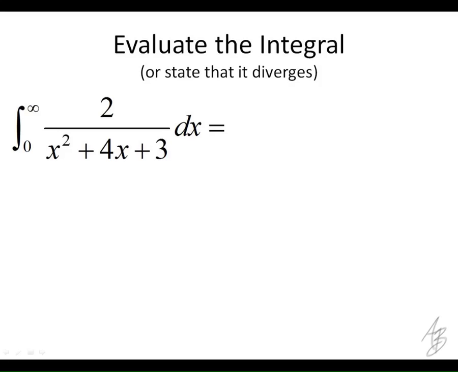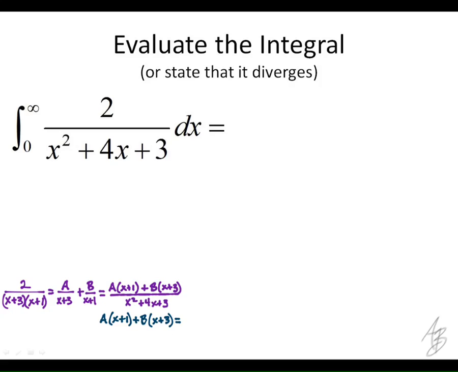Partial fraction decomposition. I'm not going to expect you to write this down, but if you guys remember partial fraction decomposition, we're going to split it up into two fractions with the two factors from the denominator as separate denominators in our two fractions. So this is going to take up quite a bit of space.